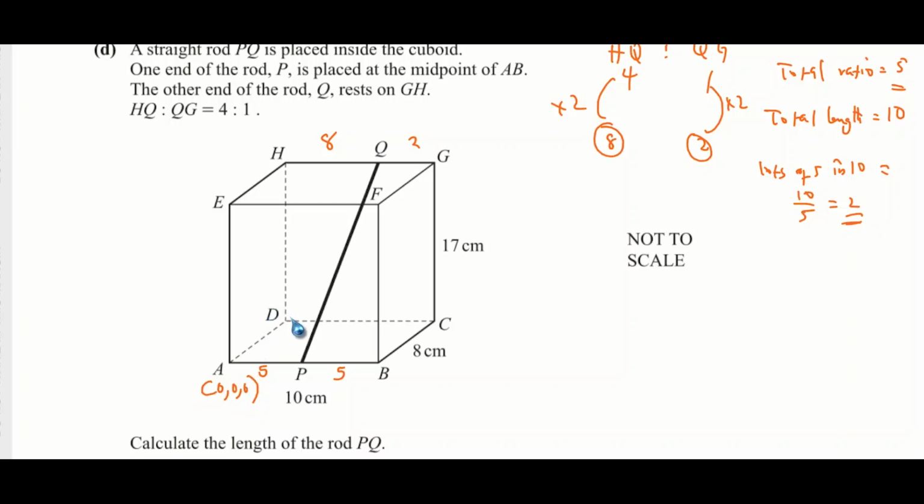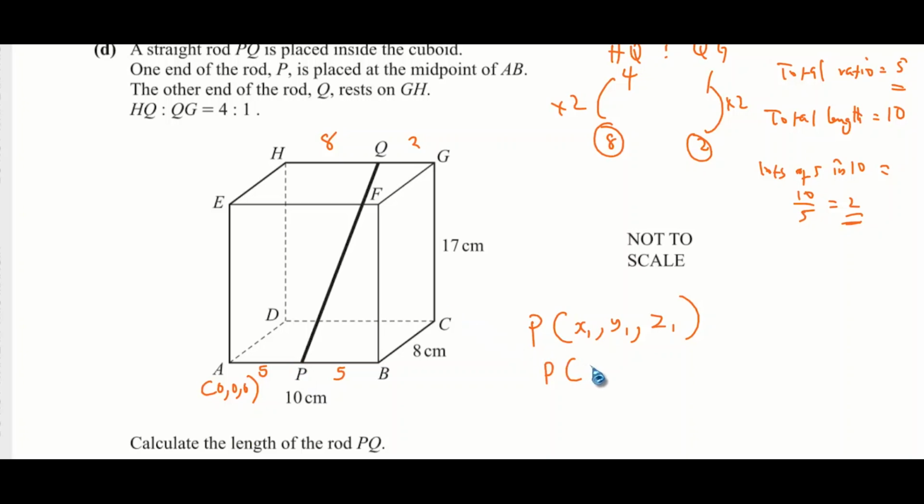At point P, the x value is from here to here. So for point P, we need x1, y1, z1. x1 will be this horizontal distance, from 0 to 5.